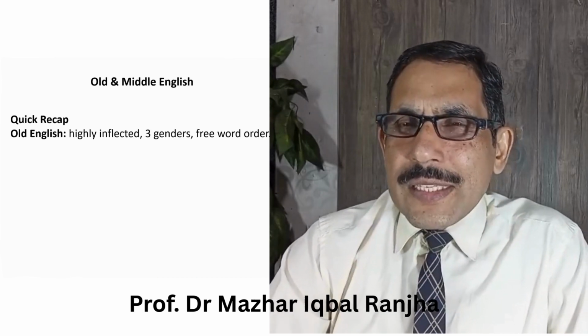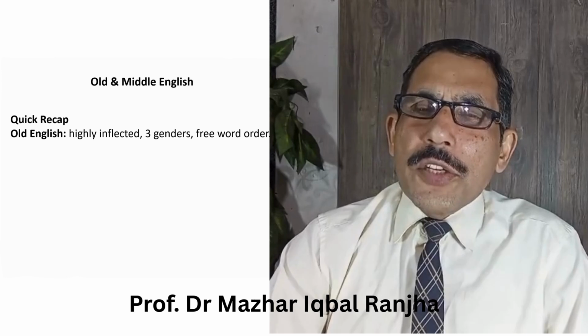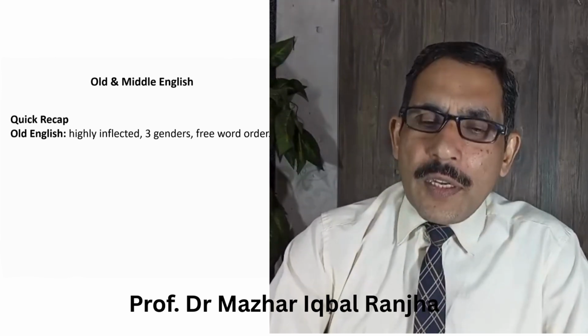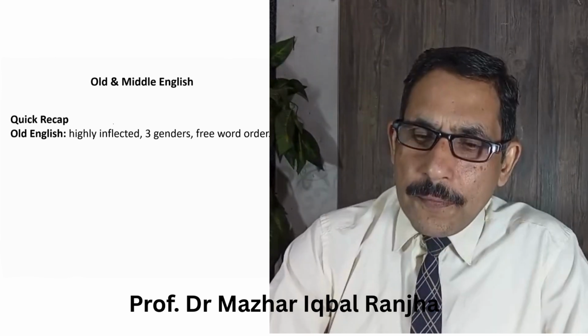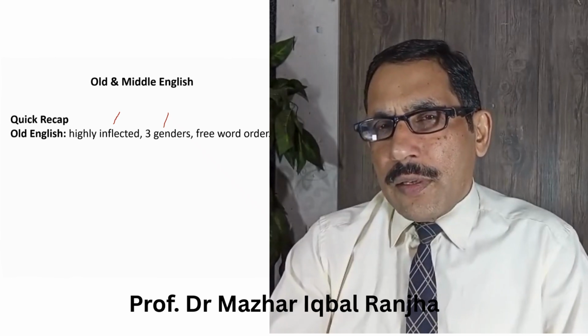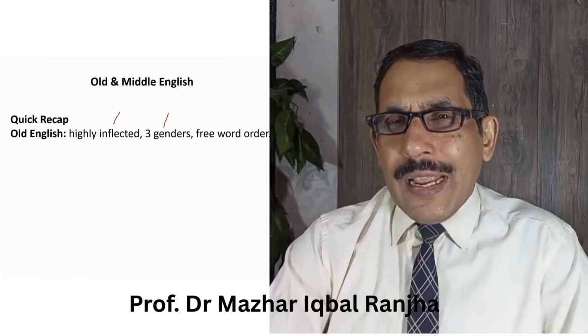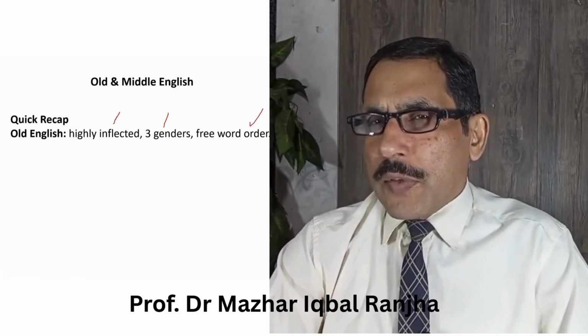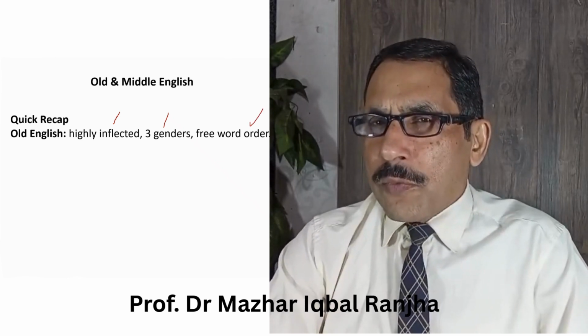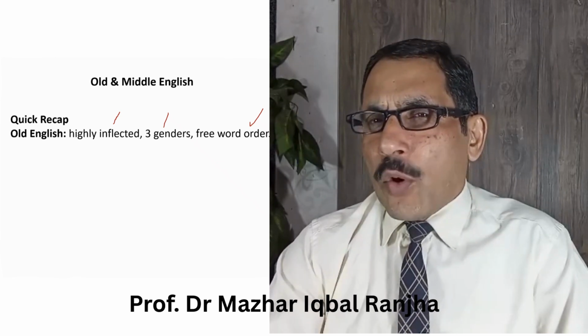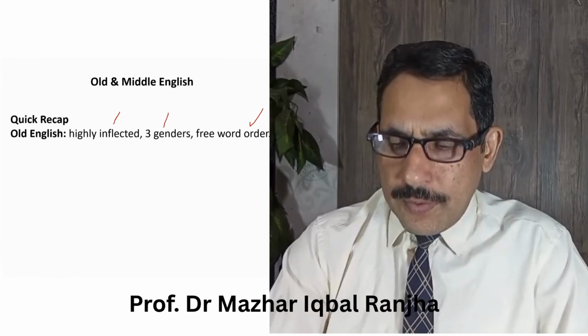So if I could recap, we discussed three things. We discussed that Old English, or English used before the 11th century, was highly inflectional. Every noun had three genders: masculine, feminine, or neuter. And the word order was free. There was no fixed order for where the subject was to be used and where the object was to be used. It kept on changing.